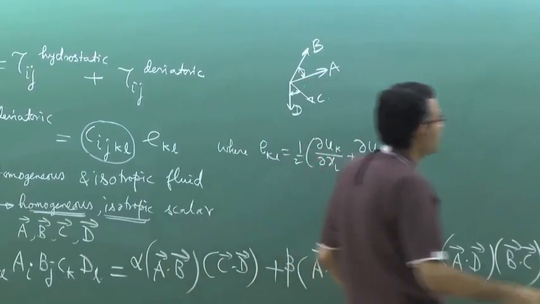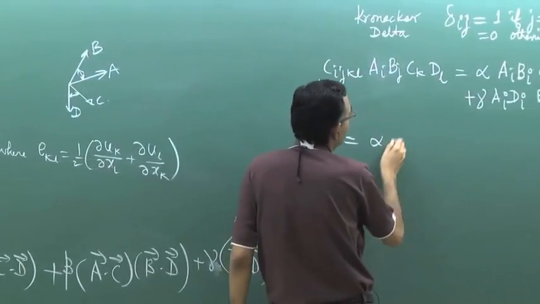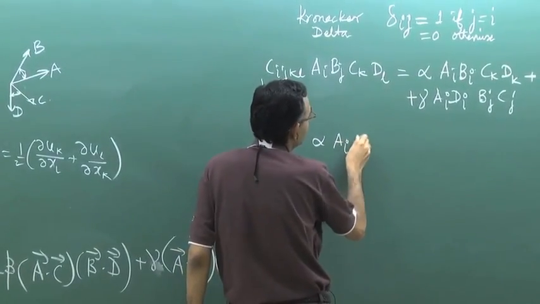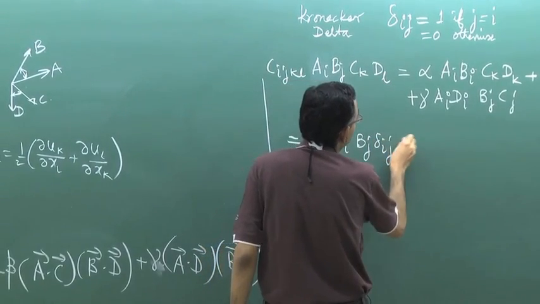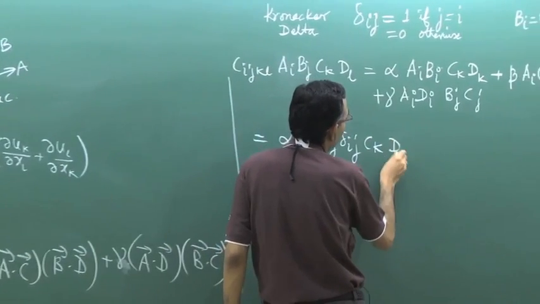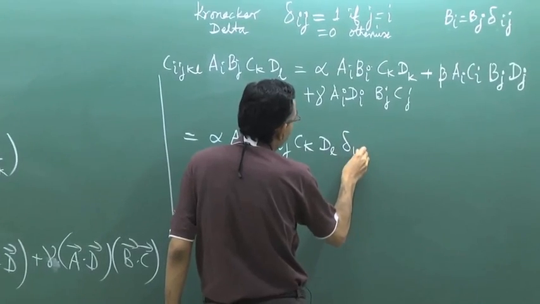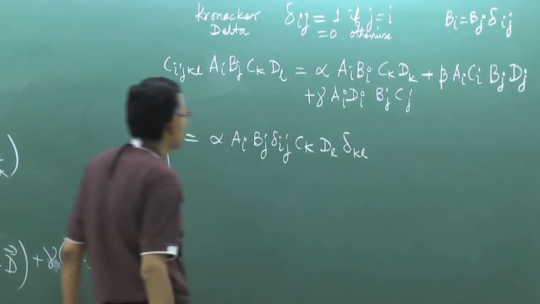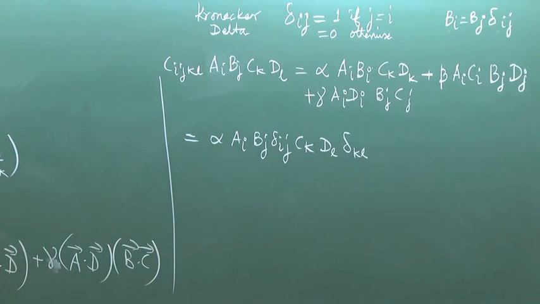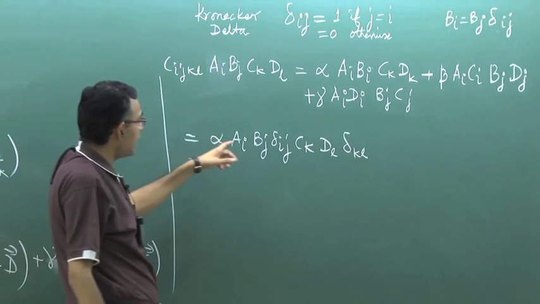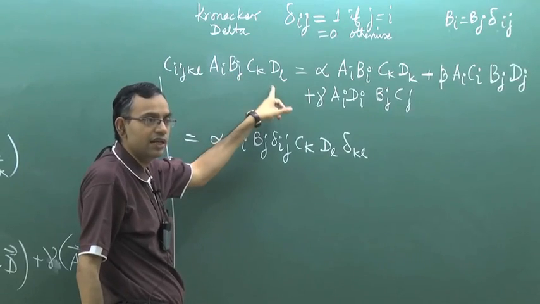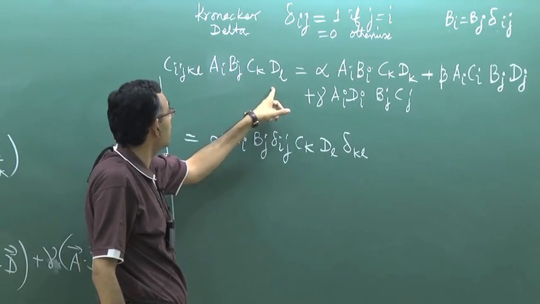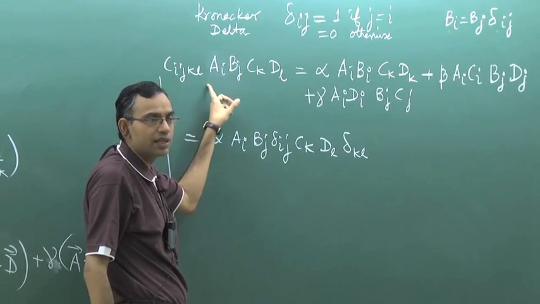So using this we will write alpha A_i B_i as B_j delta ij, C_k D_l delta kl. We are trying to write for all terms A_i B_j C_k D_l because that is what is there in the left hand side, so that we will get an expression for C_ijkl.